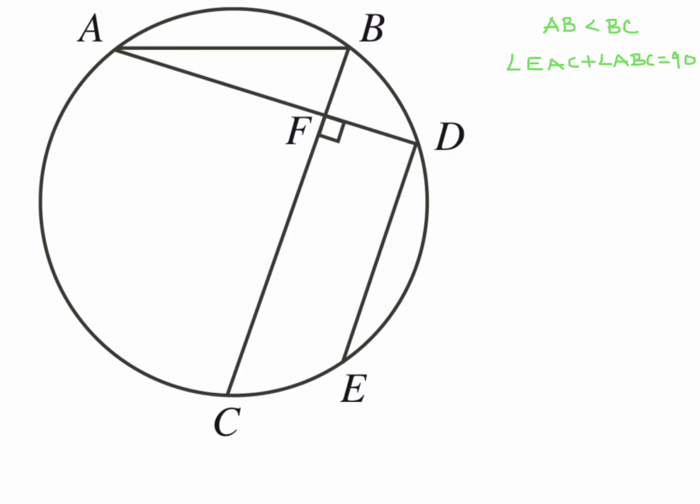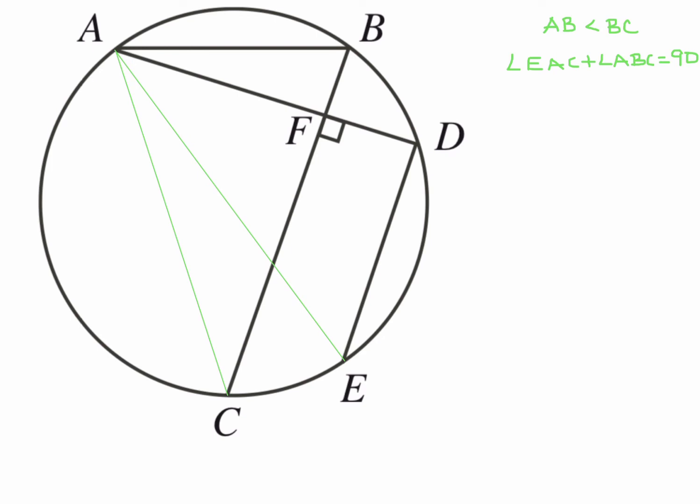So what I want to do is first label as much as I can, and then I will explain in detail. So EAC, well, that angle basically, first we have to draw a line. In order to make EAC, we have to draw a line from A to C. So let's do that. There you go. And then we have to draw a line from E to A. Okay, once we do that, then we can label EAC.